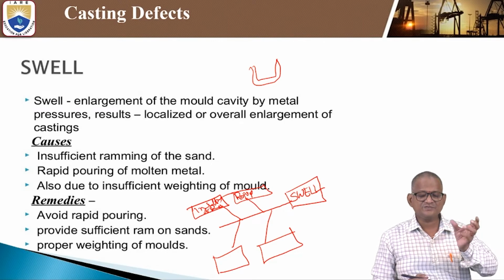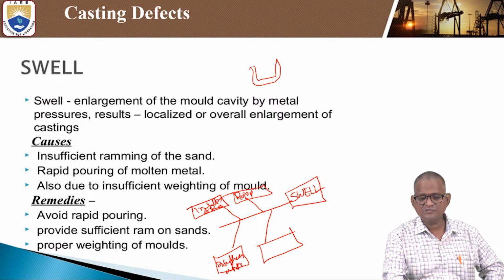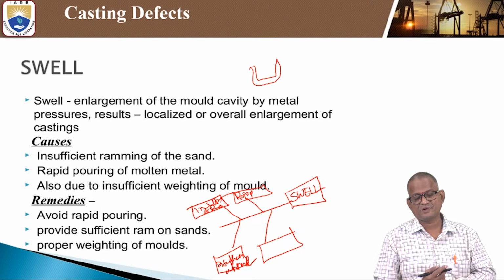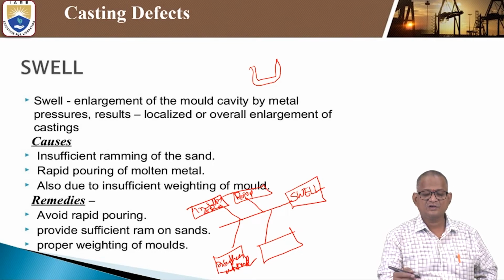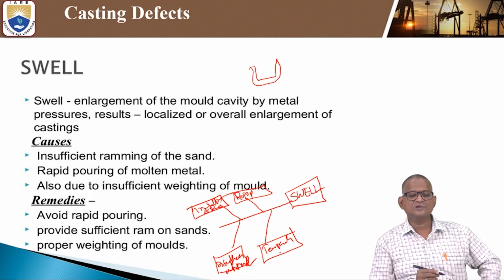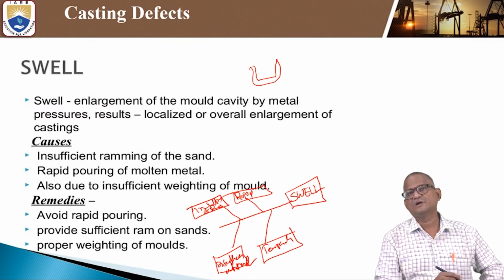Also, insufficient weight of the mold can lead to swell. And the temperature should be maintained properly. So these are the 4 causes which give the swell type of defect.